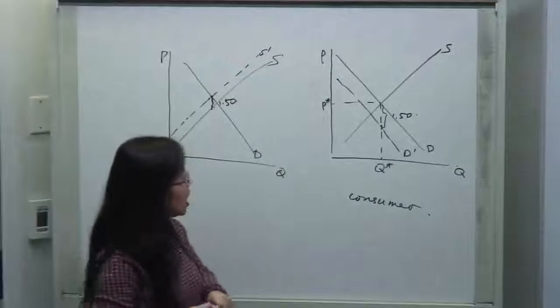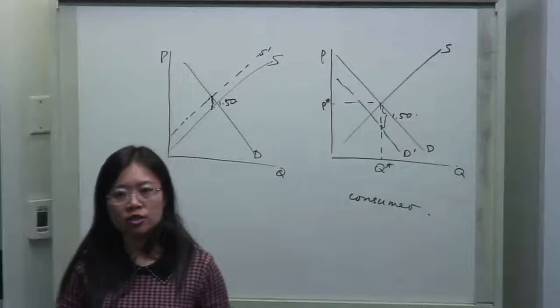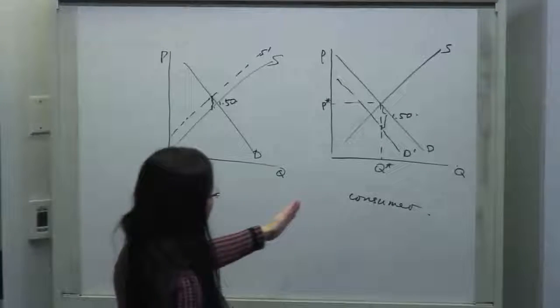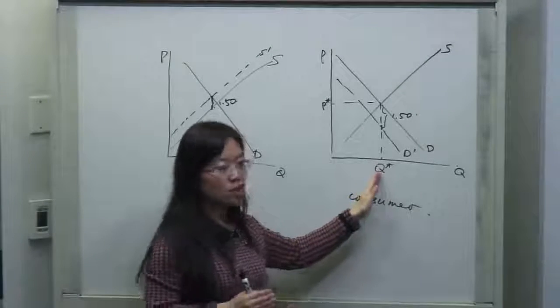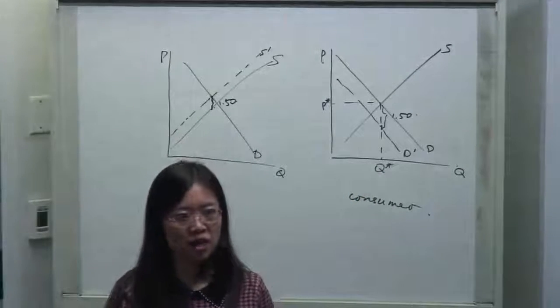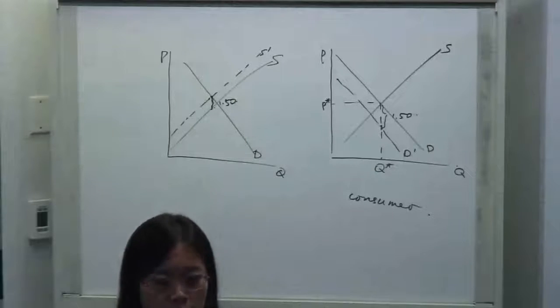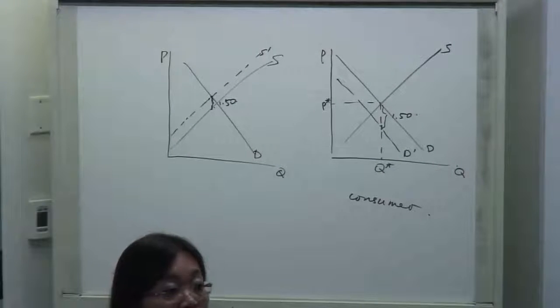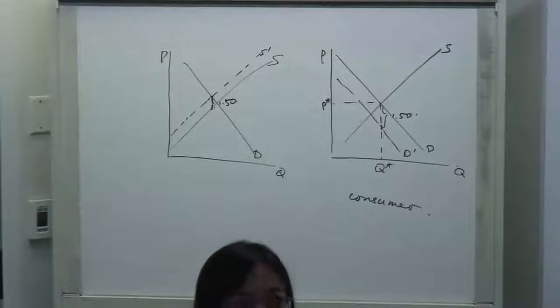Okay, why? Because now for the consumer, for the same quantity, they are willing to pay $1.50 less. So the corresponding price for the consumer is going to be $1.50 less. So they're willing to pay $1.50 less than the original price.